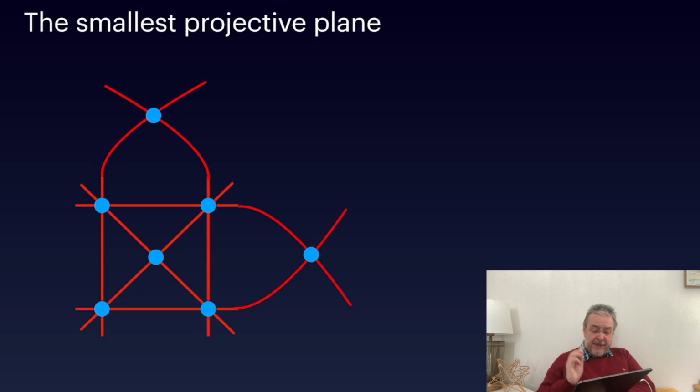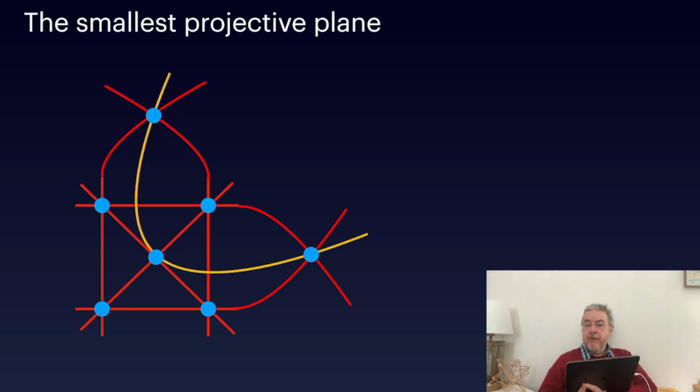We should perhaps think for a moment whether we couldn't have been a little bit more economic by identifying some of those points. It turns out that we couldn't, because if this point and this point were the same, we would have two lines, namely this one and this one here, that would pass through twice the same point, which is forbidden by our axiom.